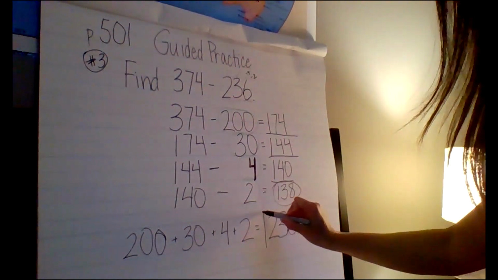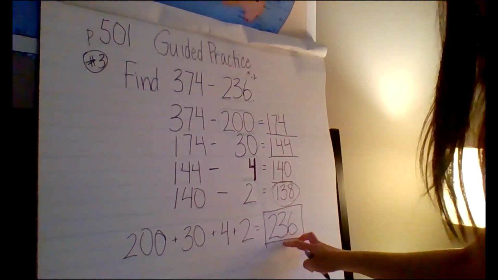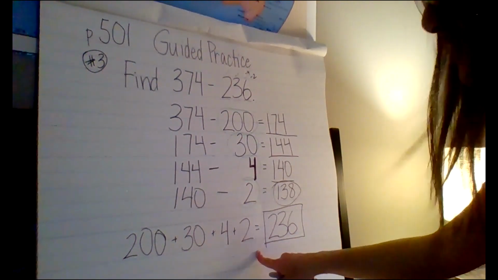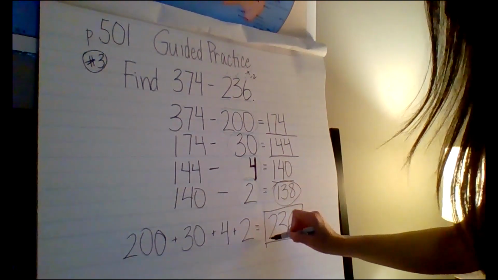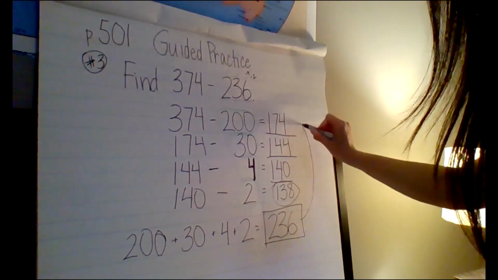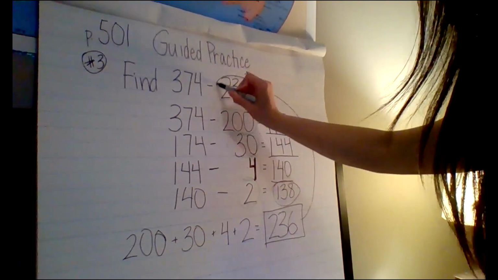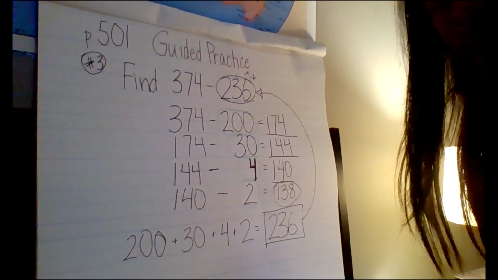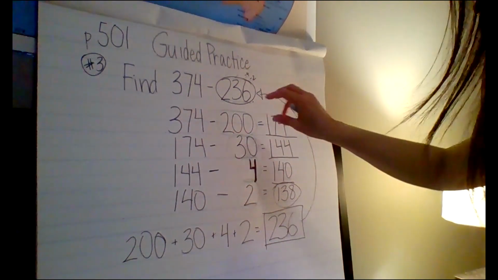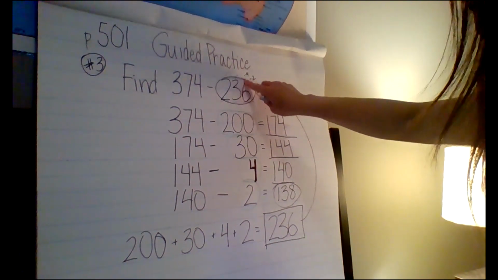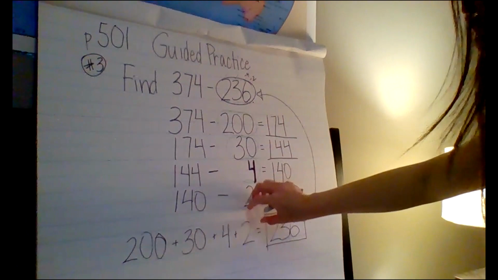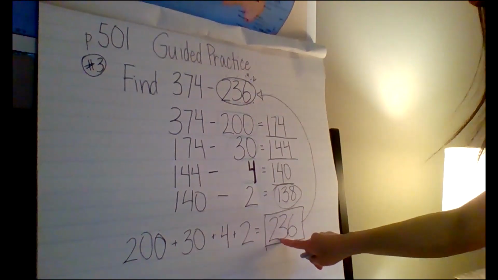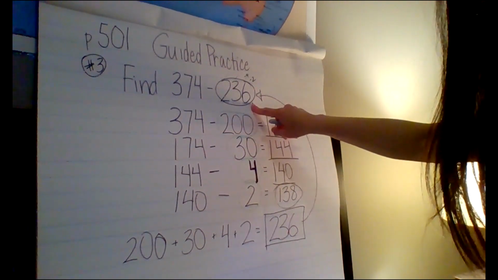236. So we have to check, does the sum of all the numbers that we took away or we subtracted equal the original number that was supposed to be subtracted? When we're finding the difference by breaking apart the number into smaller problems, when we add those back together, all those numbers that were being subtracted, it needs to equal the same number.